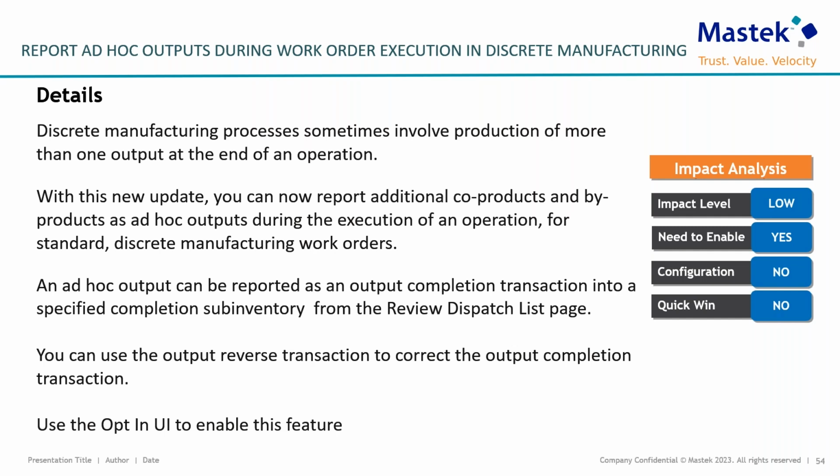So with this new update, we can now report additional co-products and byproducts as an ad hoc output during the execution of an operation for standard discrete manufacturing work orders. This feature we need to opt in in the UI. We can use the output reverse transaction to correct the output completion.